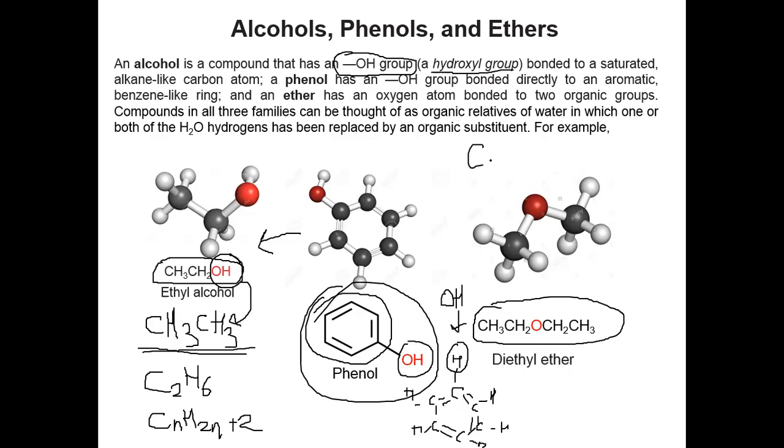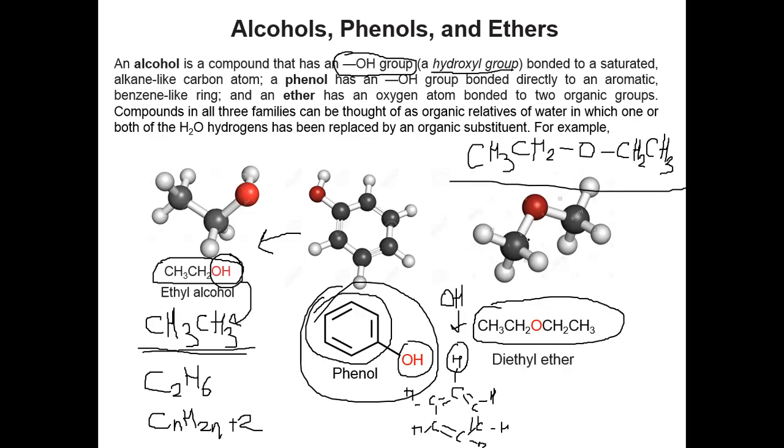So you can have CH3, for example, and then CH2, and then put oxygen in the middle and add another part of the hydrocarbon, and it's going to be an ether. Maybe you have heard of ether, right?